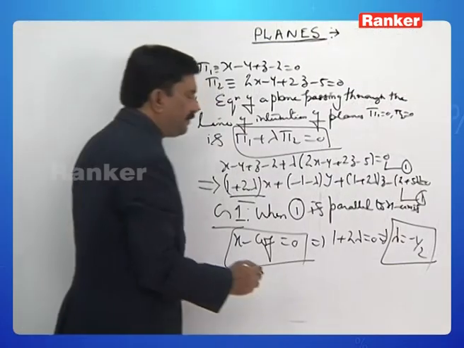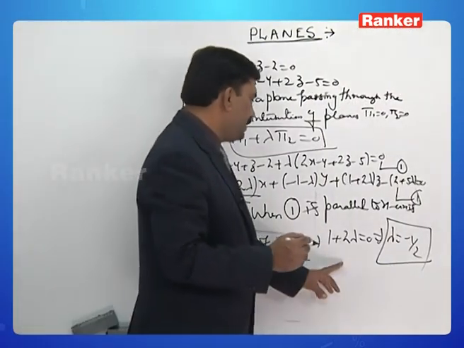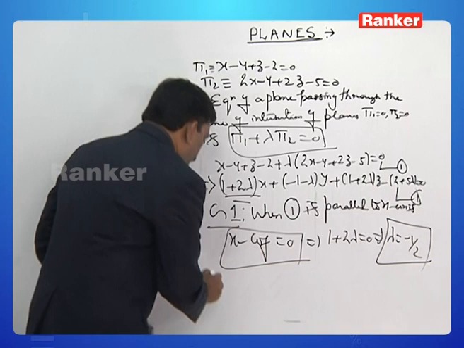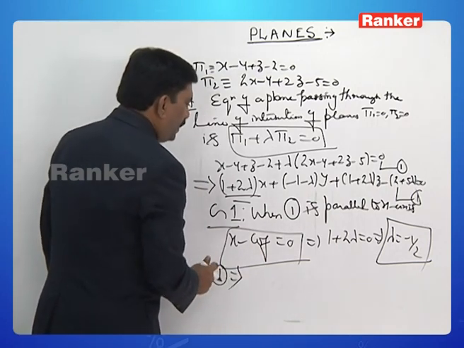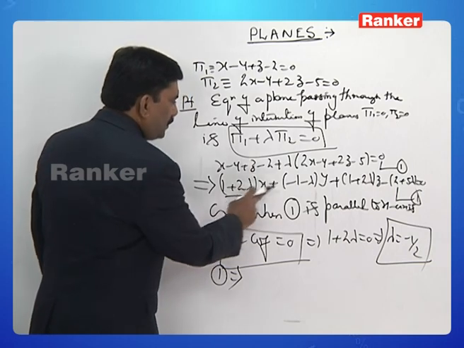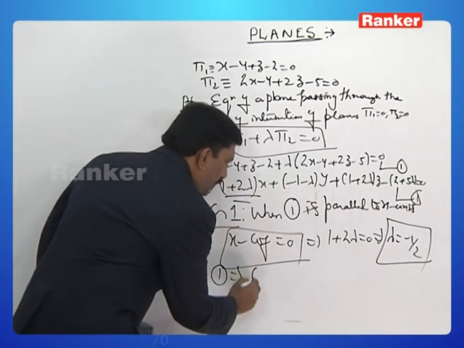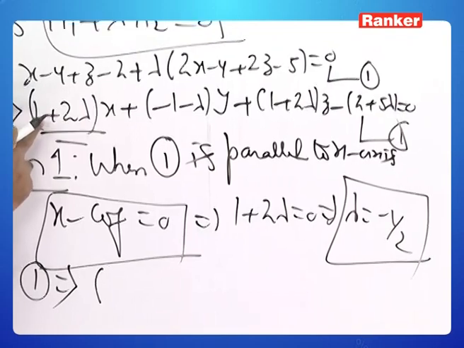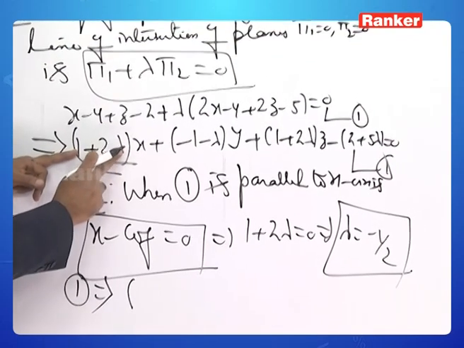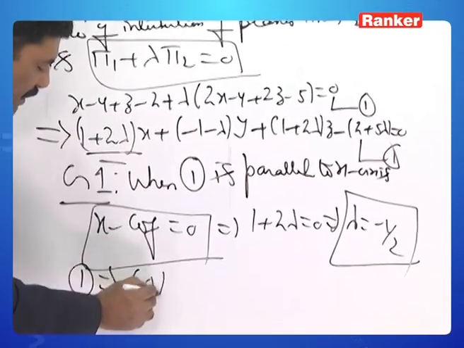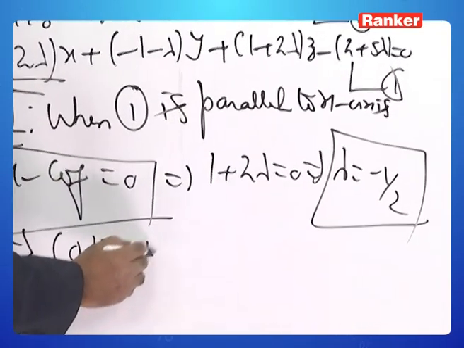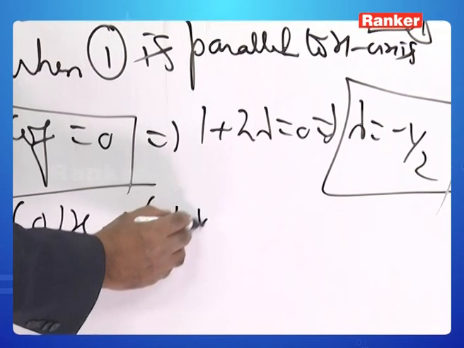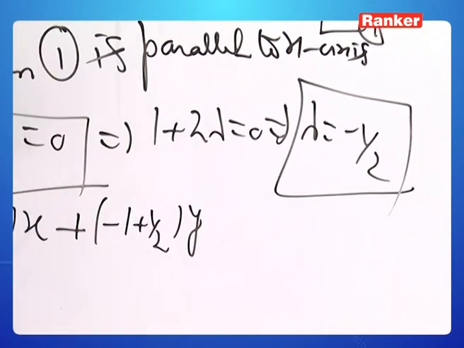minus half. Take this, substitute in 1. So 1 implies, here also you can put, 1 plus 2 into minus 1 by 2, it becomes 0 into x. Next, plus minus 1 plus half into y.